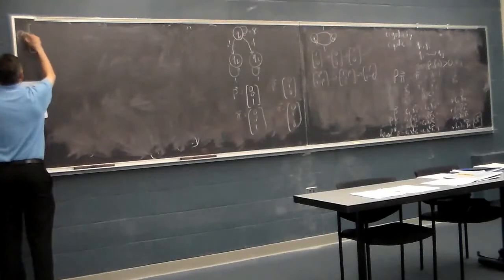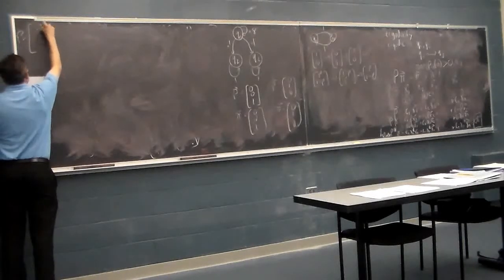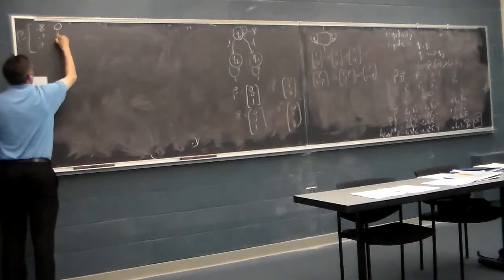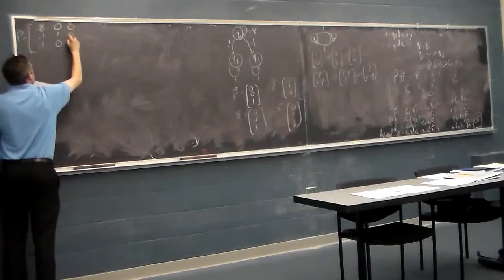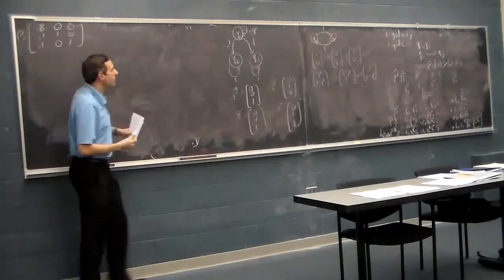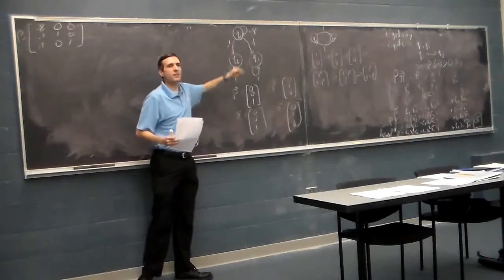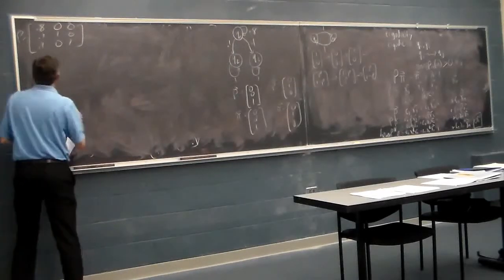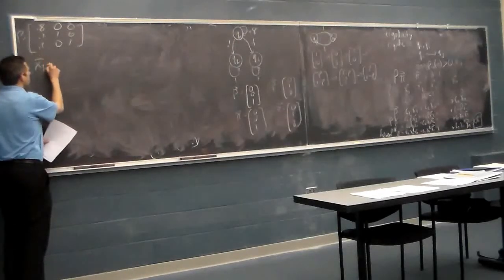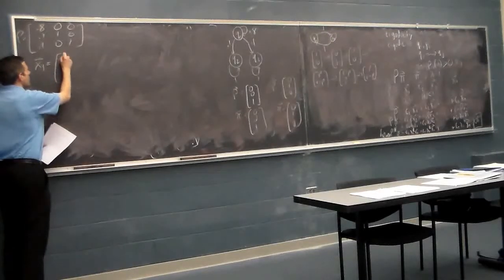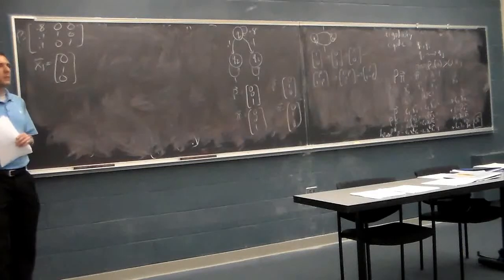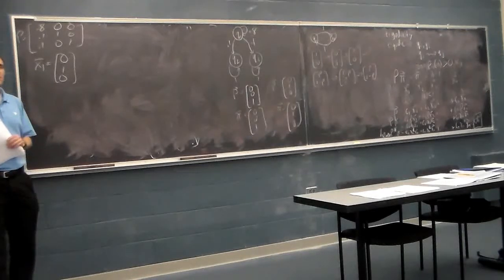We'll construct the probability matrix: 0.8, 0.1, 0.1, 0, 1, 0, 0, 0, 1. So that would be encoding the probabilities defined in this particular matrix. And I'm going to assert that one of the eigenvectors of this matrix is 0, 1, 0. So what's the eigenvalue corresponding to that?